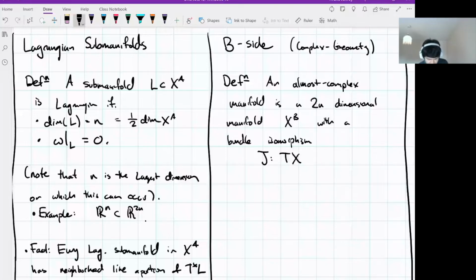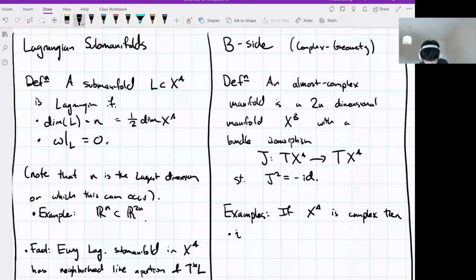Okay, so the obvious example to give is if X_B is complex, then multiplication by i gives an almost complex structure on X_B. So every complex manifold gives an example of one of these almost complex manifolds.